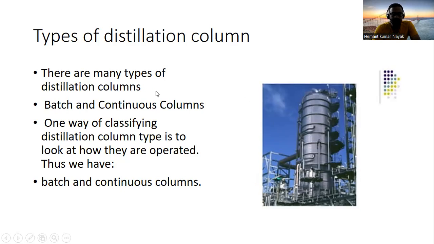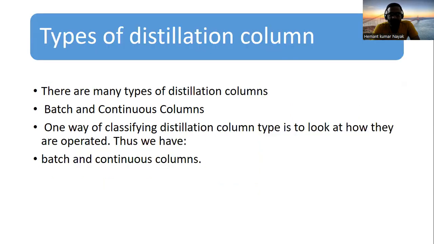There are many types of distillation column, but basically we define them as batch and continuous columns. Another way to classify distillation columns is batch and continuous, and after that we can define other types of column as well.